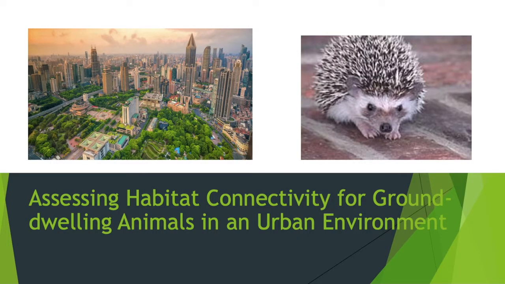So assessing habitat connectivity for ground-dwelling animals in an urban environment, the study used a number of groundhogs, and they put GPS monitors on the groundhogs and let them loose in a city environment to show whether the quality of life is better in an urban environment or an environment with more space.